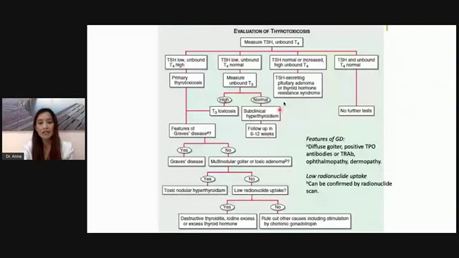If the TSH is normal or increased with an increased unbound FT4, then you can think about something central. Let's say you have a normal TSH with an elevated FT4, an inappropriately normal TSH, or an inappropriately elevated TSH in the setting of an elevated FT4.